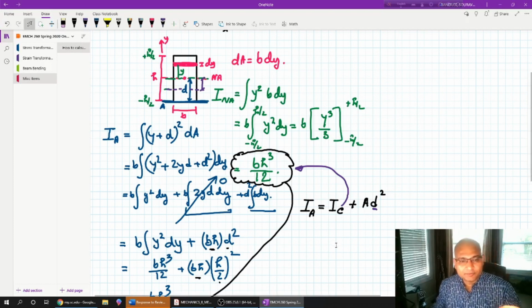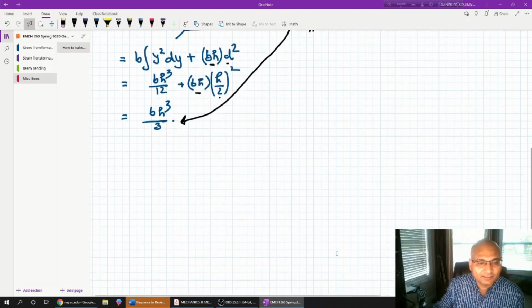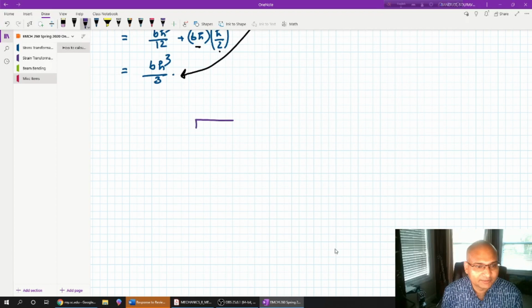Now this gives me a basic idea of the formulation of the rectangular cross section, how to find the moment of inertia. Now let's find an example formulation for finding the moment of inertia of an I section, like a basic I section.